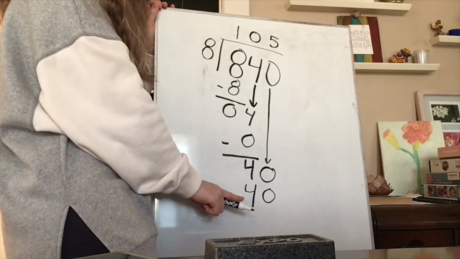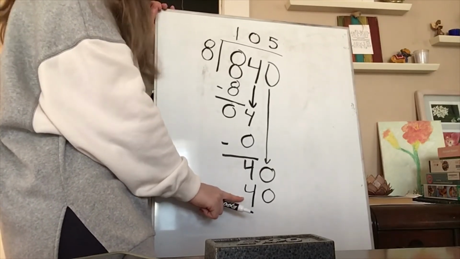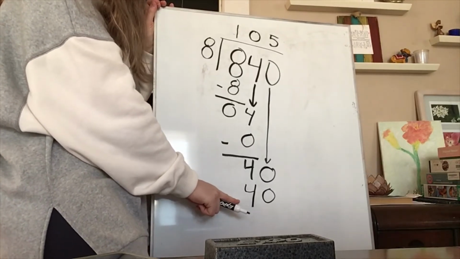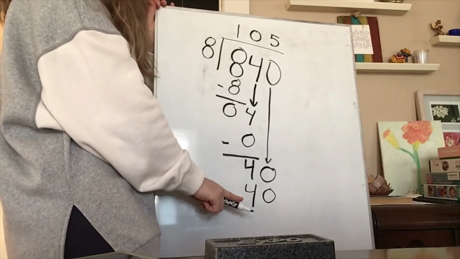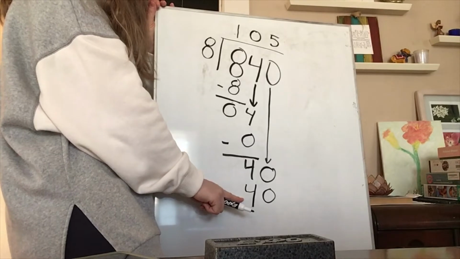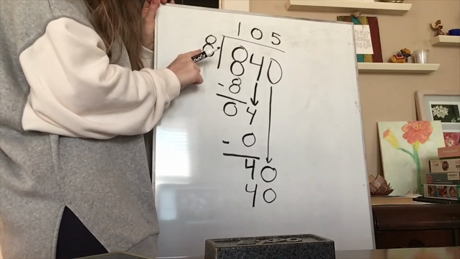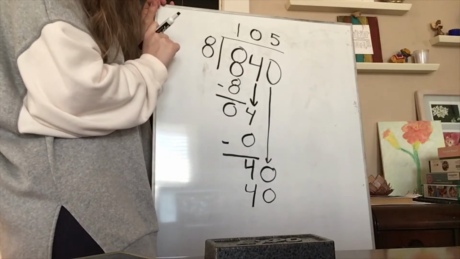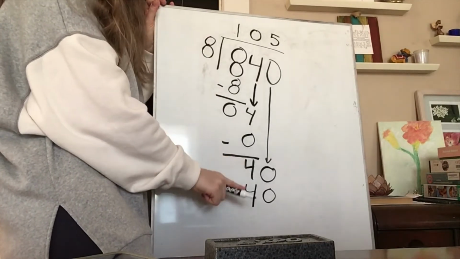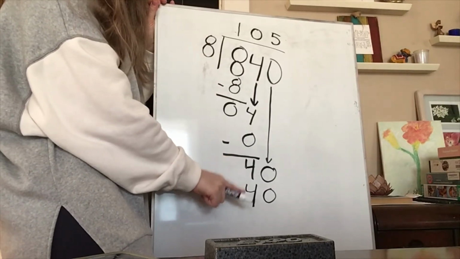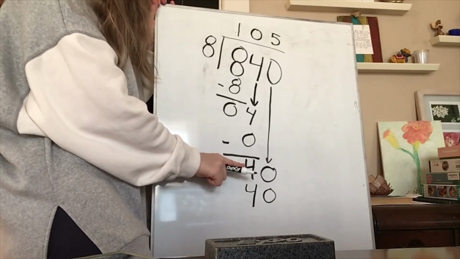The answer to our multiplication problem. There you go. So we subtract the answer to our multiplication problem from our new dividend.